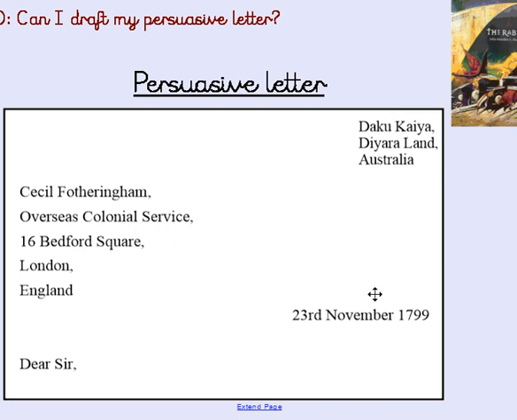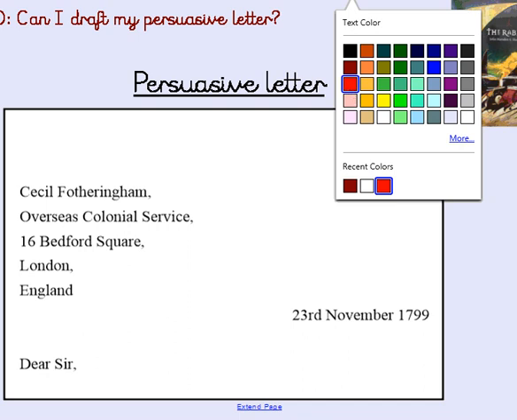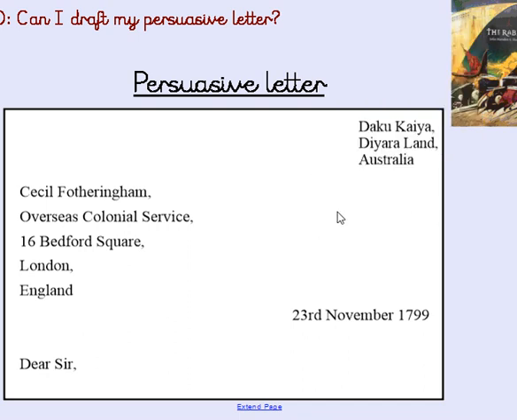This date would fit with the time, and I'd like us to just think very quickly about what this is. So what is this up here? Who can remember? Have a think.